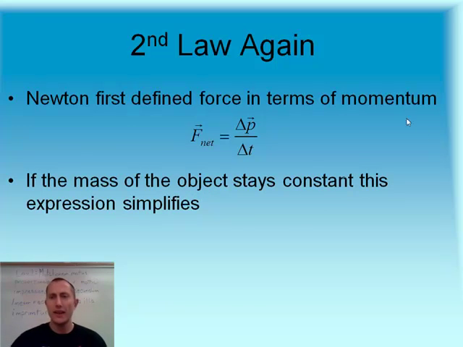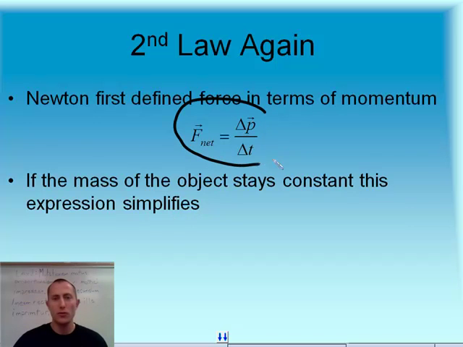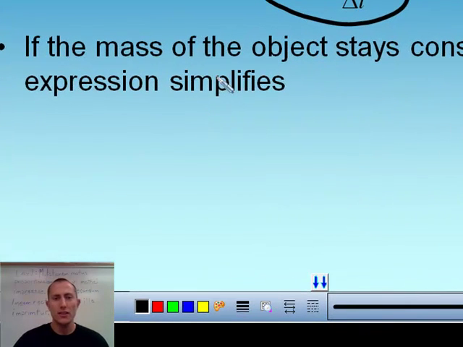But how do we get to this F equals ma then? Well, if we take this equation, F equals delta P over delta T, and we expand it a little bit.